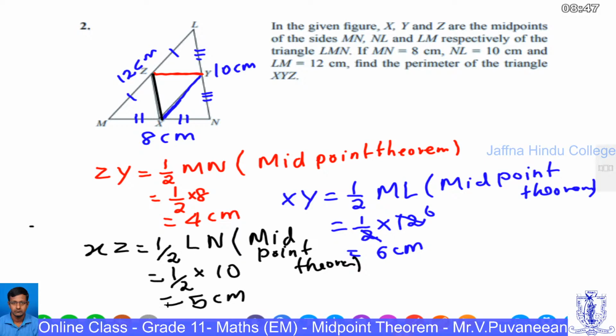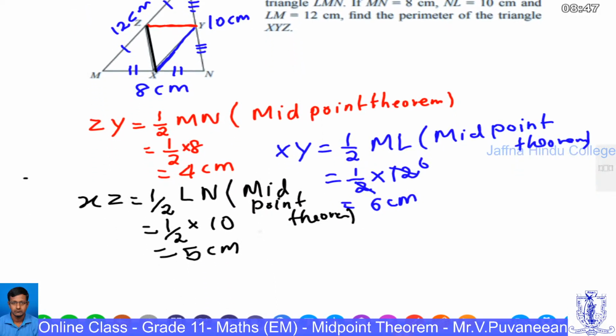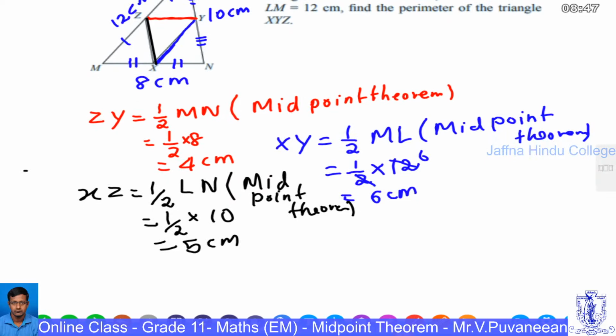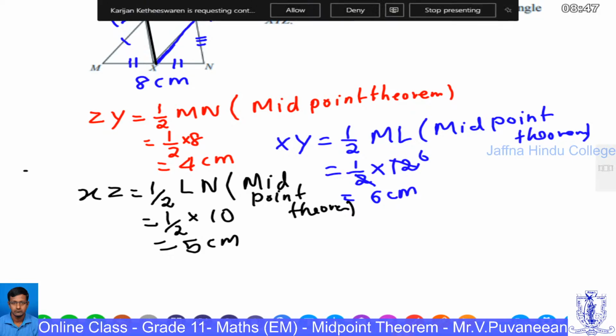Now we know the lengths of the three sides of triangle XYZ. We have been asked to find the perimeter of triangle XYZ.